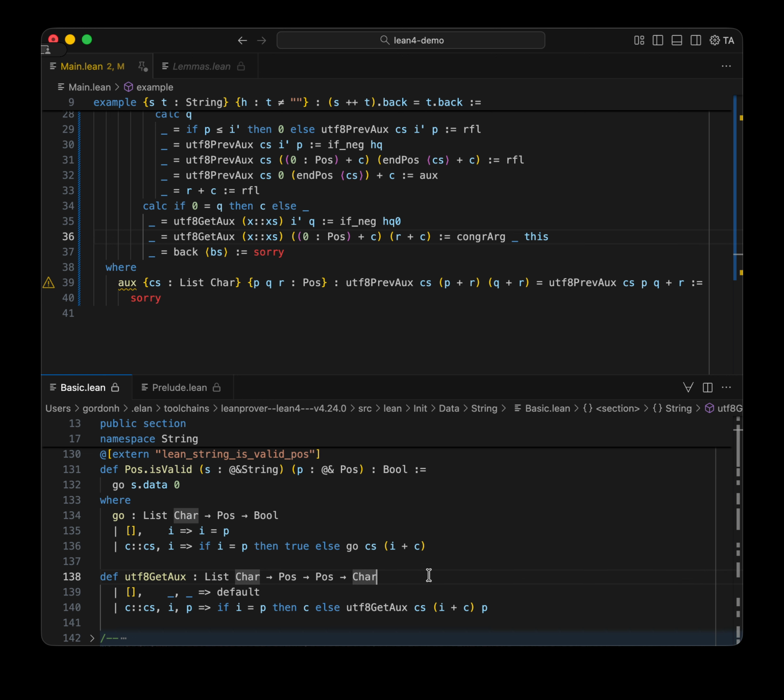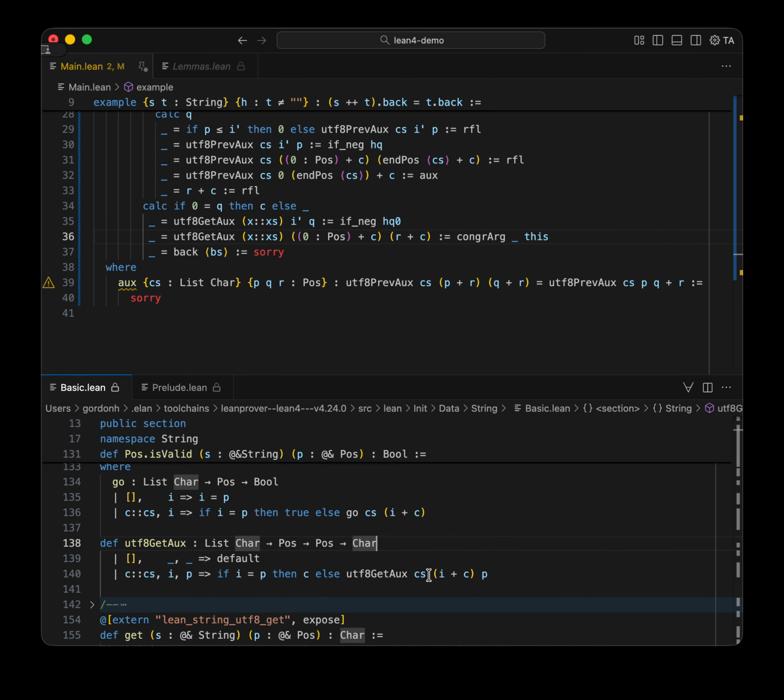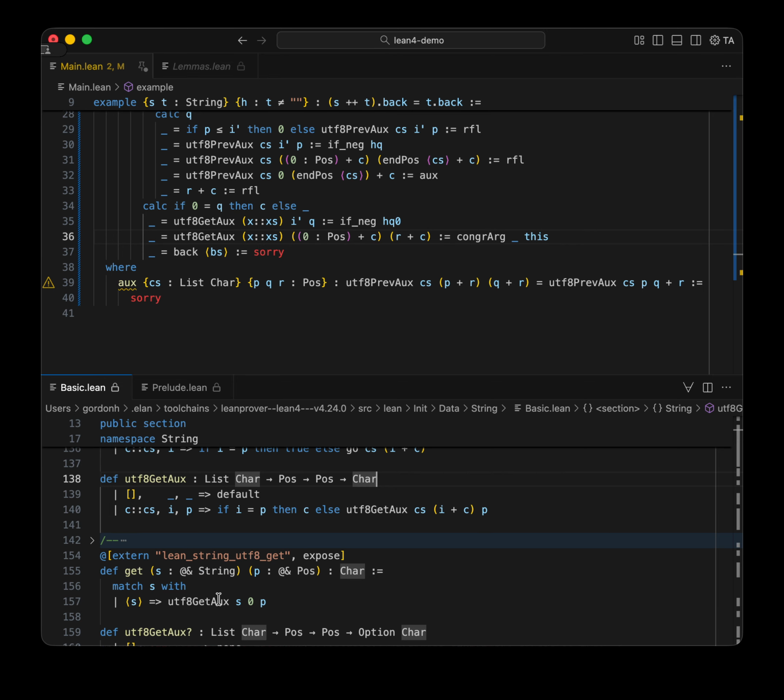Going back to the definition: getting a character at a certain position. Getting the character at position P of string S means calling into the auxiliary definition with I being 0.